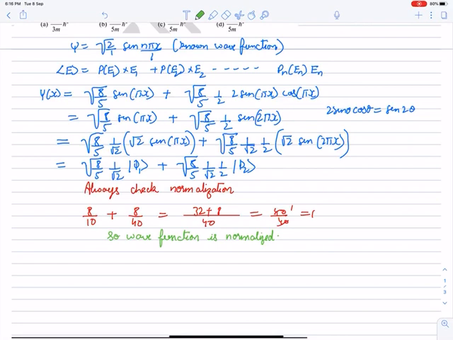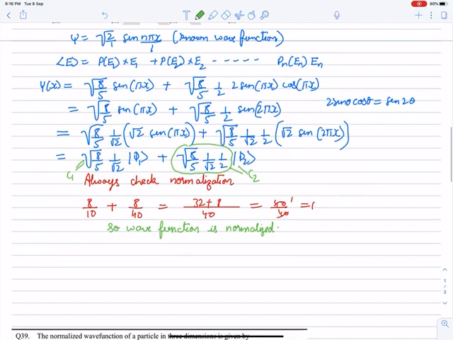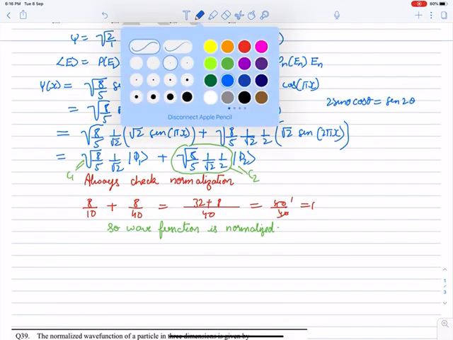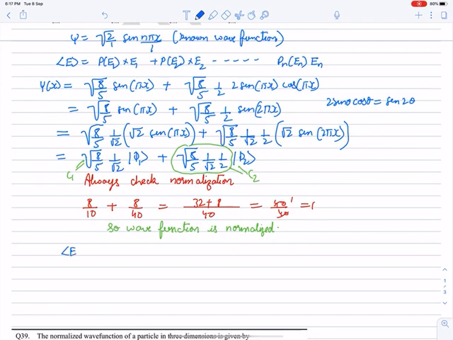I can point out that this first coefficient is C1 and the whole second one is C2. Now you can calculate easily.